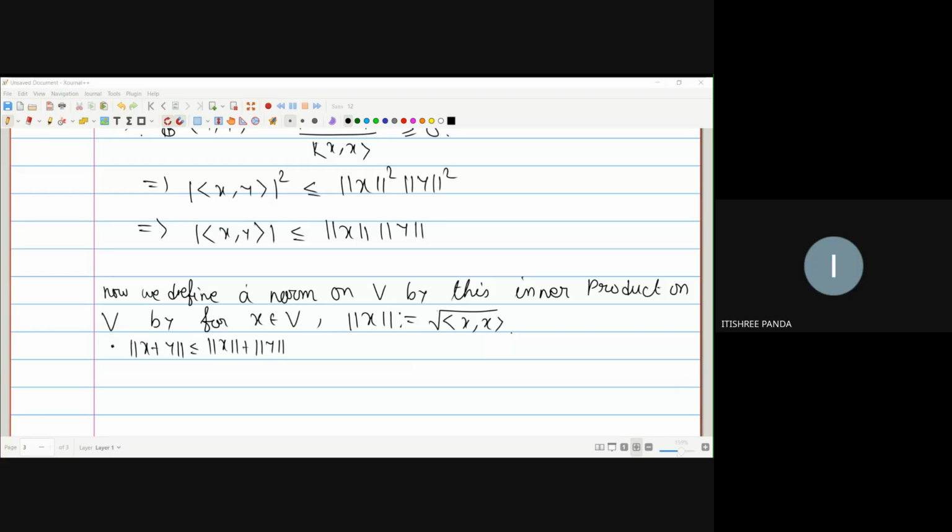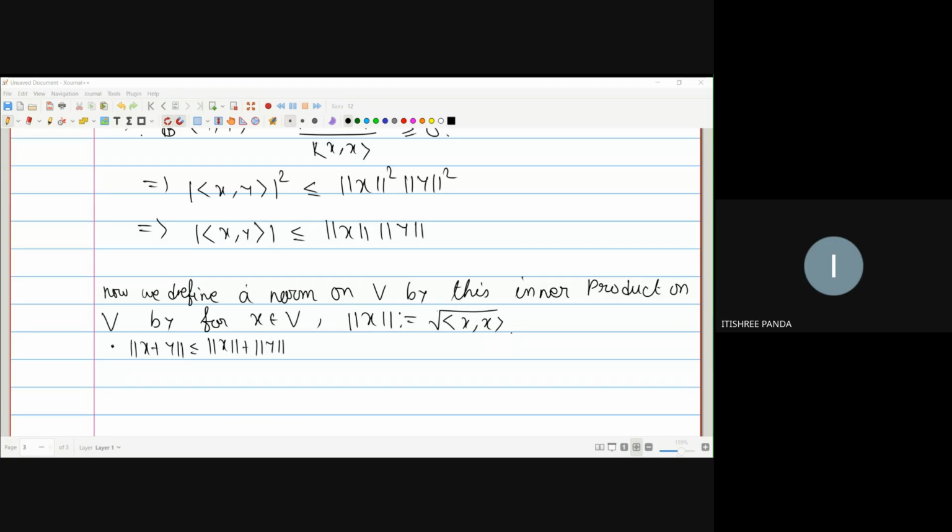Norm of x plus y is root over the inner product of x plus y comma x plus y. That will be converted into norm x square plus norm y square plus 2 times the real part of the inner product of x comma y.